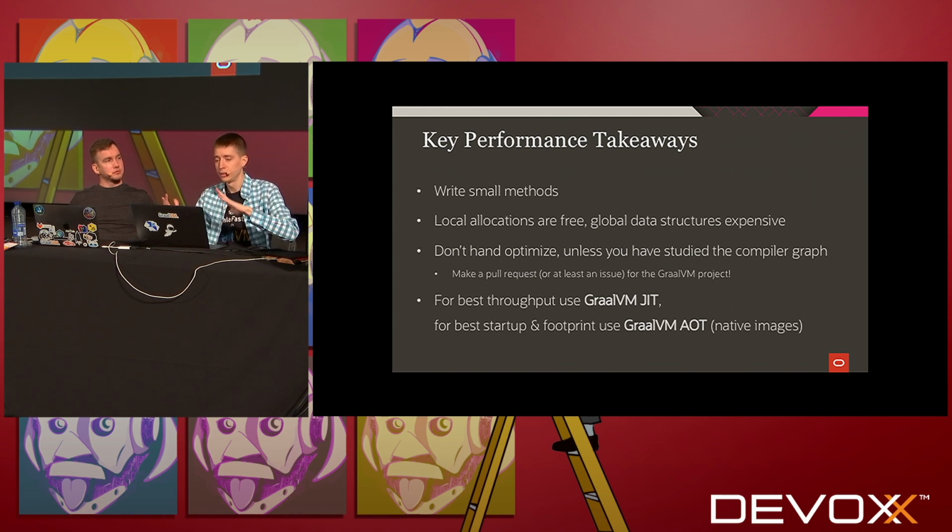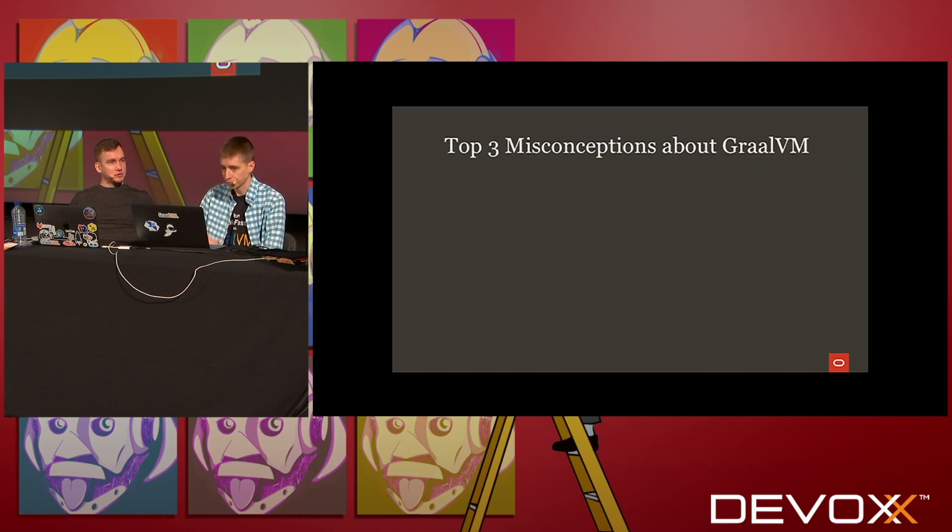If you do them globally, these are the data structures you should optimize, meaning the ones that you cache are the ones that are caching issues. The point here is don't hand optimize too much before you start the compiler graph, because you might do some optimization that the compiler has to undo again, like in this case in the JDK, the optimization for converting double to raw integer bits. And for best throughput, use GraalVM JIT. For best startup and footprint, use the GraalVM AOT.